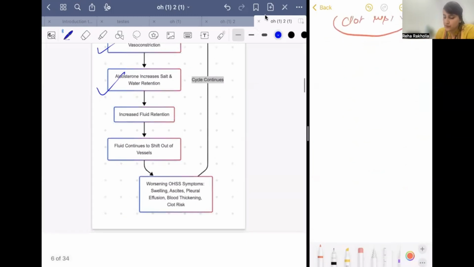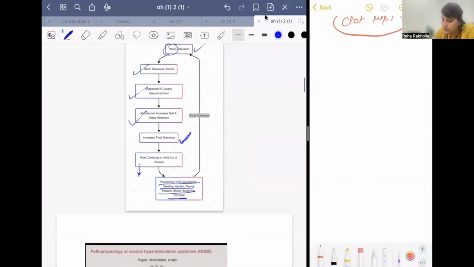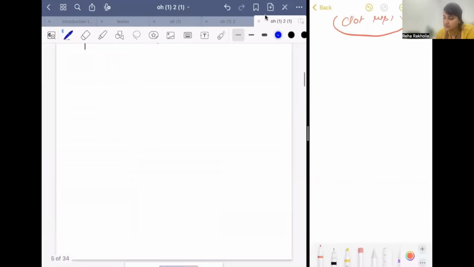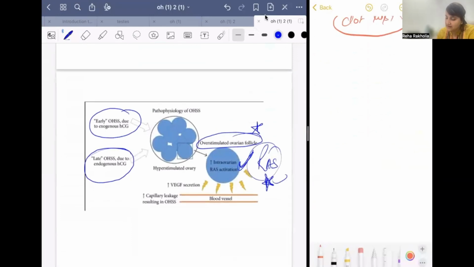So increased fluid retention will be there, but fluid still continues to go out. This will worsen the OHSS symptoms. There will be more swelling, ascites, pleural effusion, and angiotensin will constrict the blood vessels. This will cause blood thickening and clot risk. Then the cycle will continue, worsening the OHSS. So basically, RAS and VEGF are contributing to the OHSS symptoms.